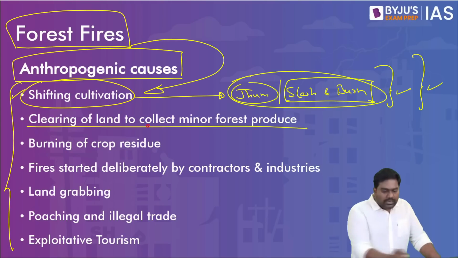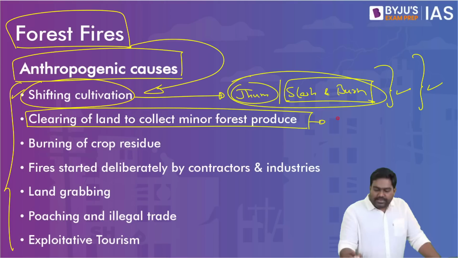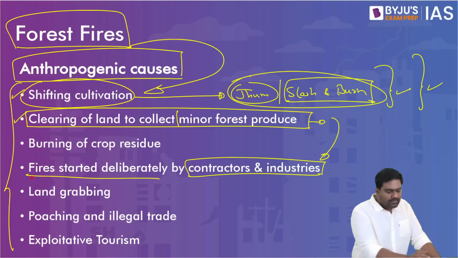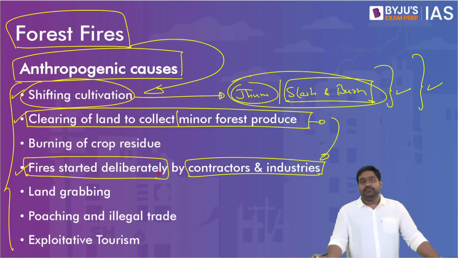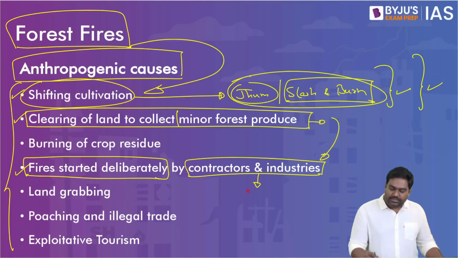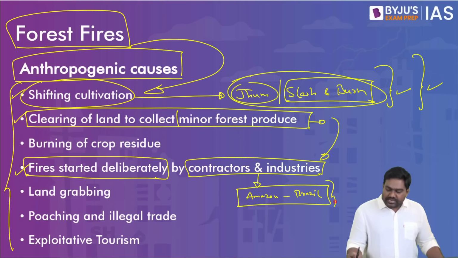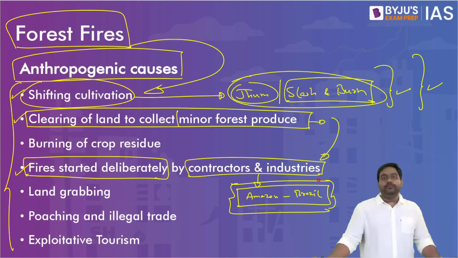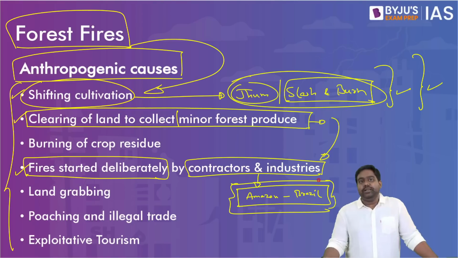Clearing of land for minor forest produce, to collect the forest produce, or any other exploitative industrial activity. Industries, mining firms, they are known to set deliberate fires to clear forest land to make way for their industries. We saw this happening in Amazon recently in Brazil. Former Brazilian president Jair Bolsonaro was a far right wing leader.